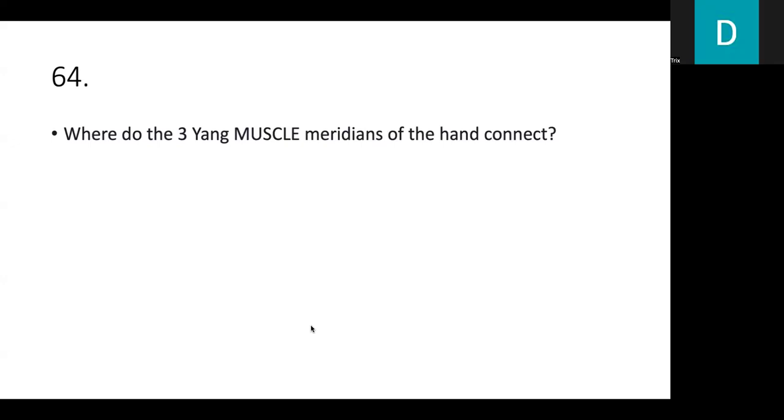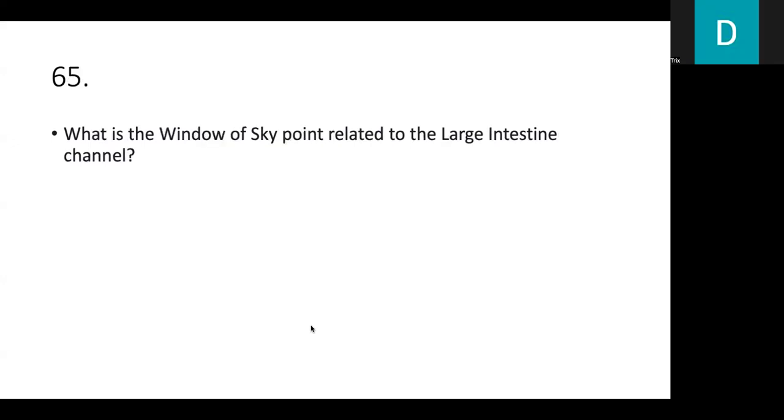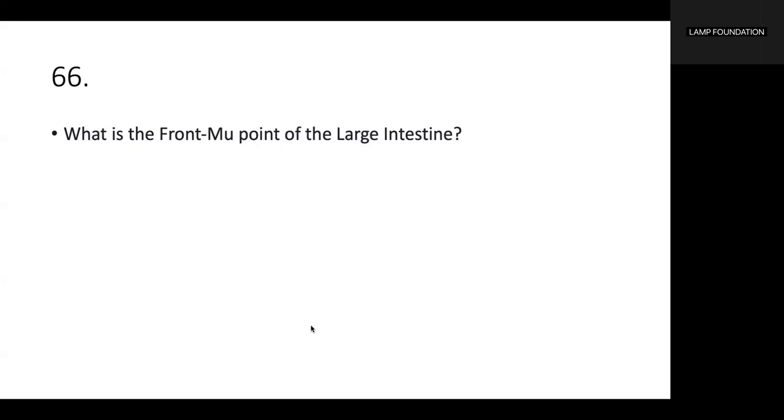It connects to the forehead. What is the window of the sky point related to the large intestine channel? Li18. What is the front mu point of the large intestine? The front mu is stomach 25.